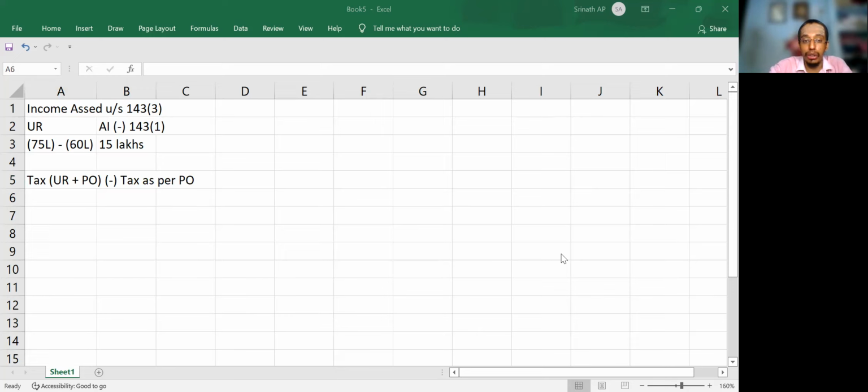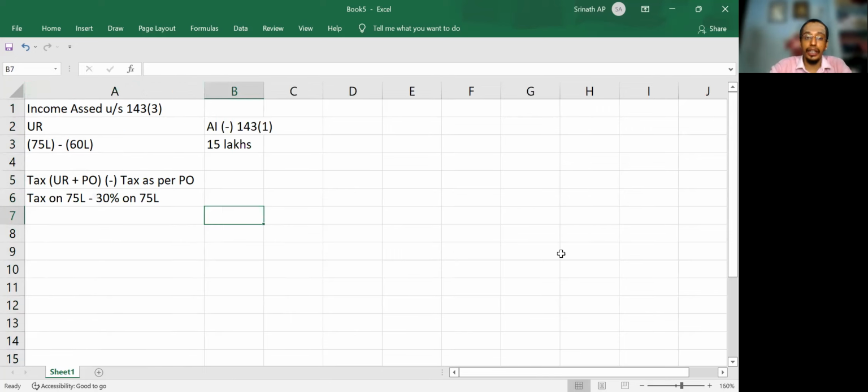So let's go ahead. First, this leg will be 15 lakhs plus 60 lakhs. So it would be tax on 75 lakhs. That is 30% on 75 lakhs. Why are we getting 30%? Because it is a partnership firm.